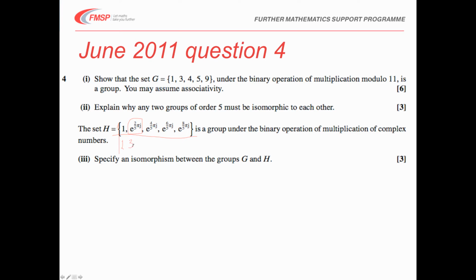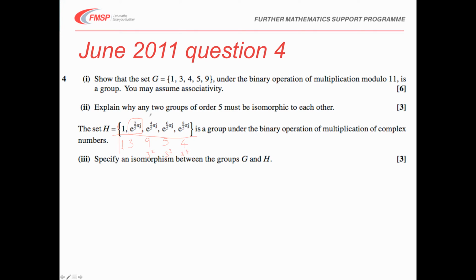3 squared gives you 9. 9 times 3 gives you 27, which we knew was 5. And 5 times 3 gives you 15, which gives me 4. So what I've done is I've just gone through 3 squared, 3 cubed, and 3 to the power 4.